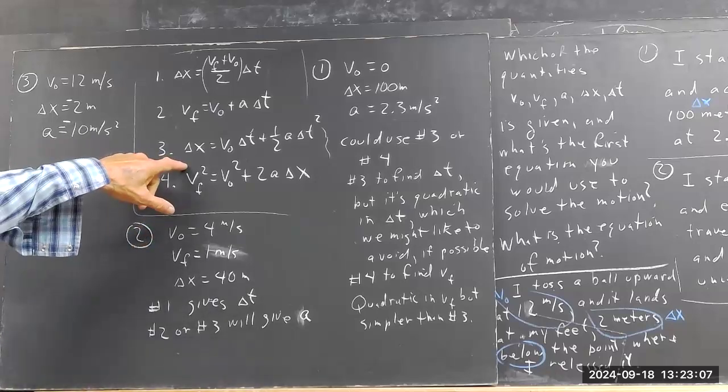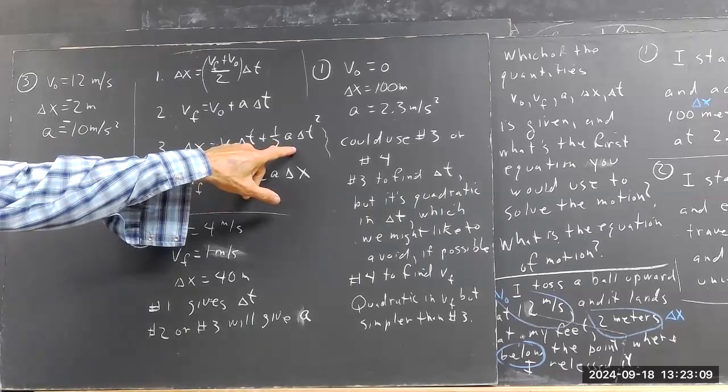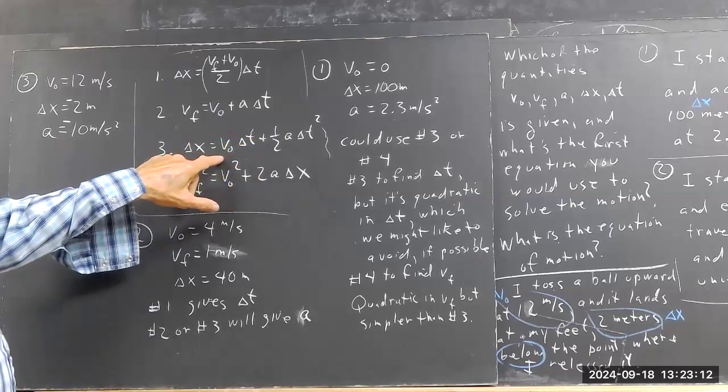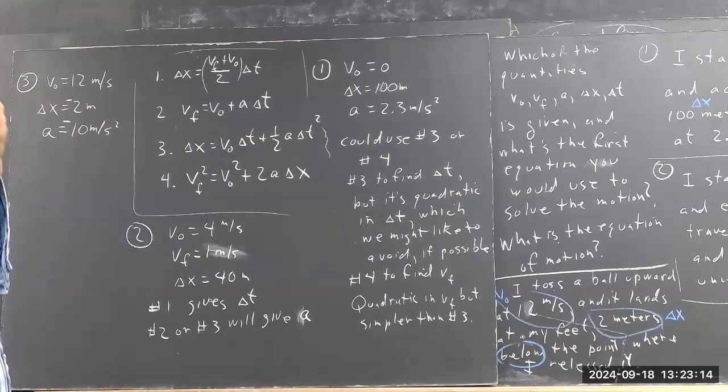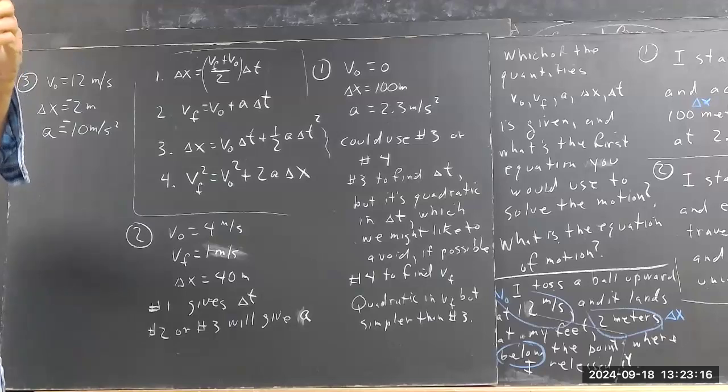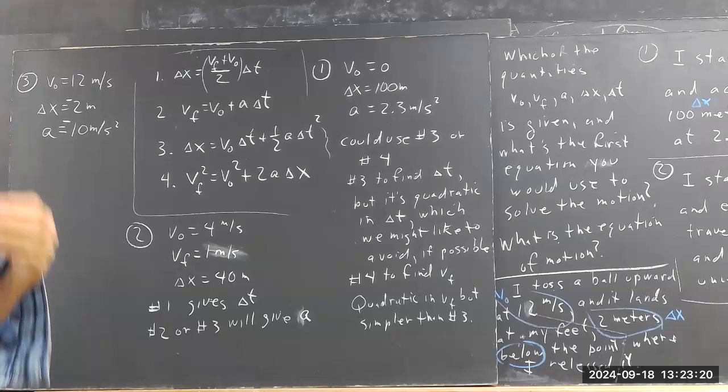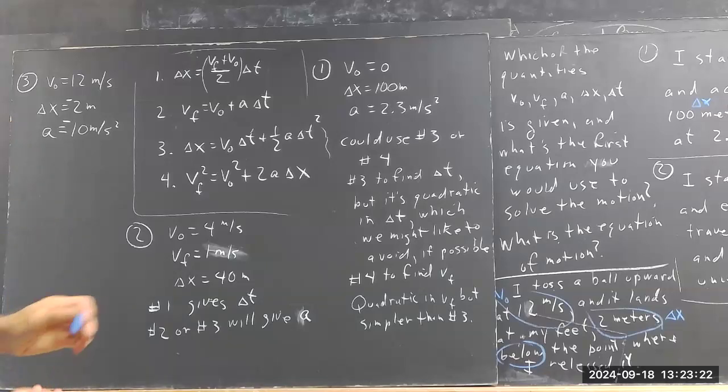This one has delta x and it has a. It has delta t, but it has V naught. Look at that. This one appears to have everything we need except delta t, right? But again, we'd end up solving for delta t, right?